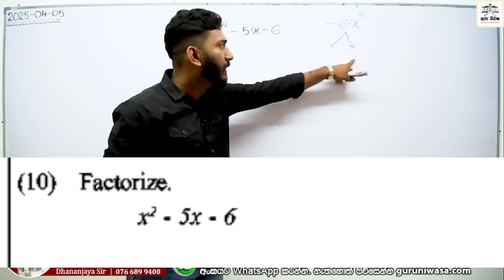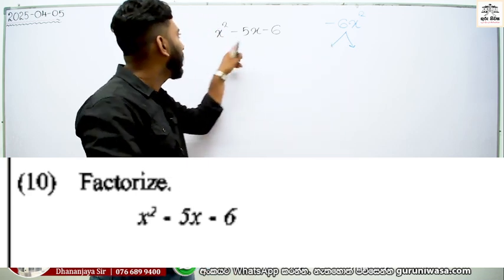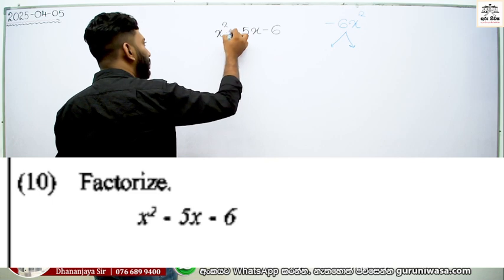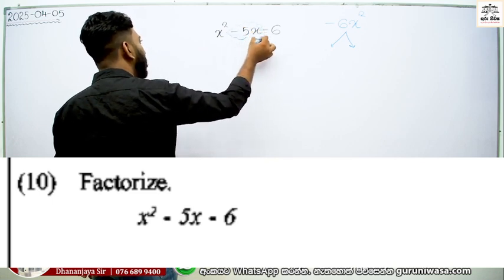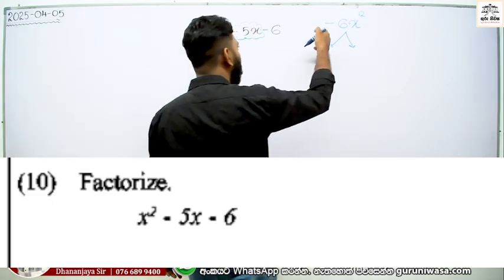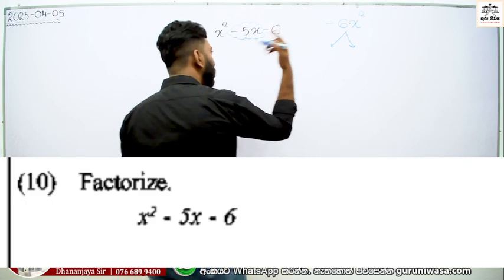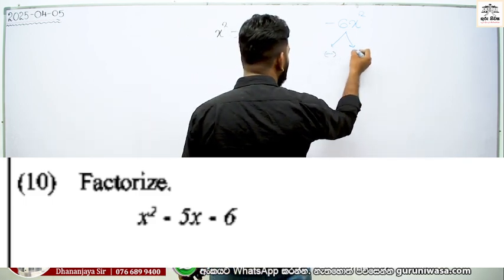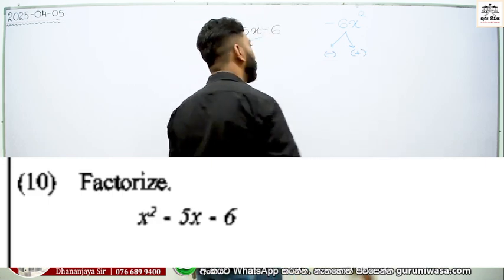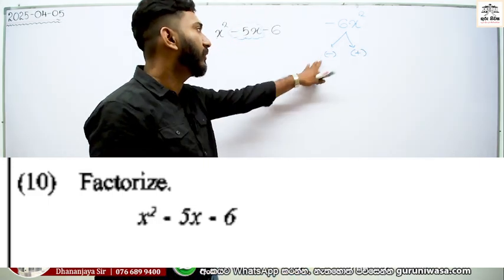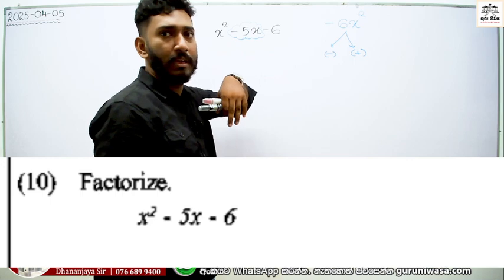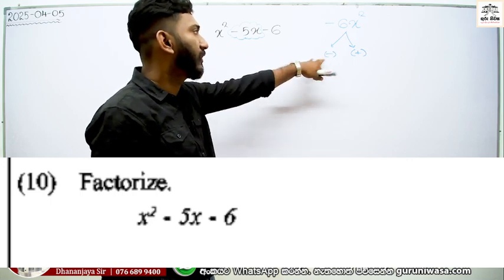The difference between two numbers becomes minus 5. Why? It's a negative. And look at the middle one. Middle one is a negative. Therefore, the greatest one should be a negative and the other one a positive, because the difference sign is negative. And it's a difference between two numbers.